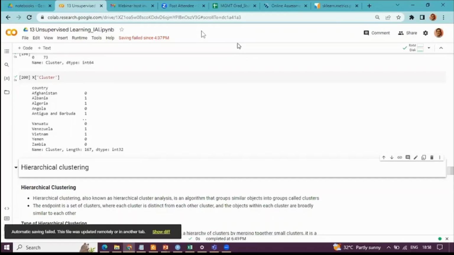So in a simple nutshell, you can talk about some measure of how close or how similar one observation is to its own cluster compared to the other cluster.